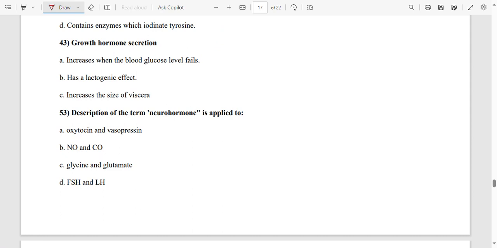I don't know what option D was saying, but when growth hormone is released, what do you expect? What is the effect of growth hormone on the body?